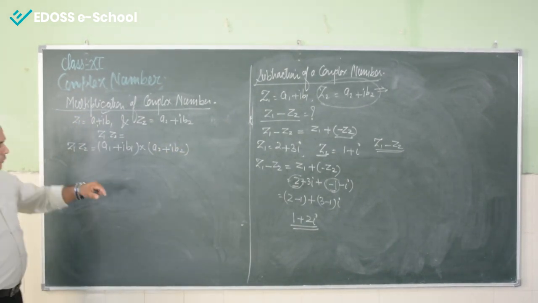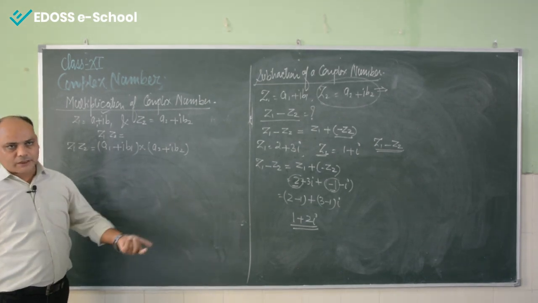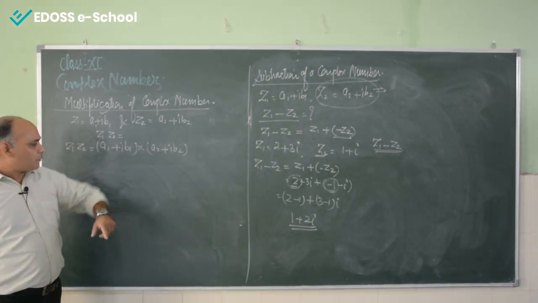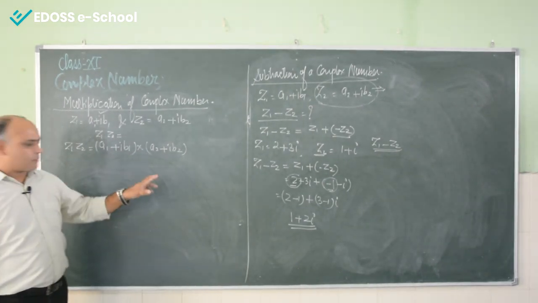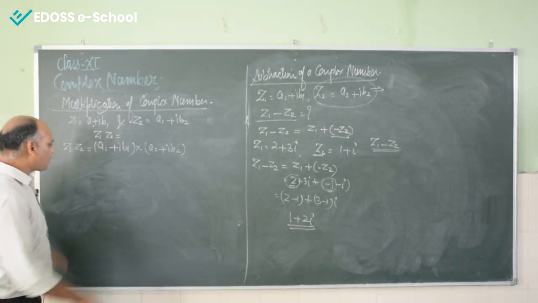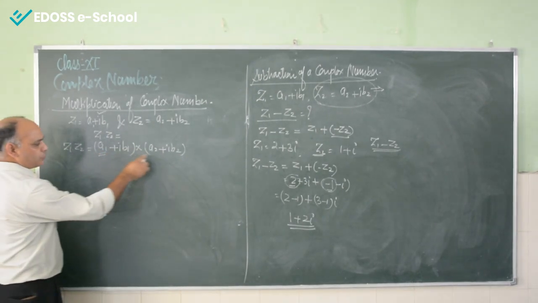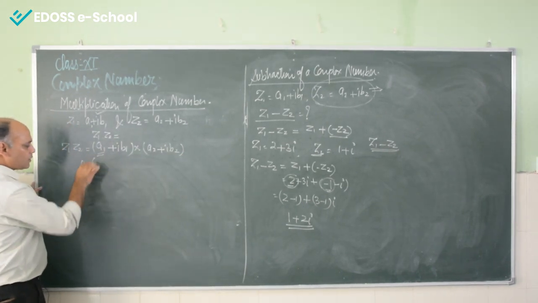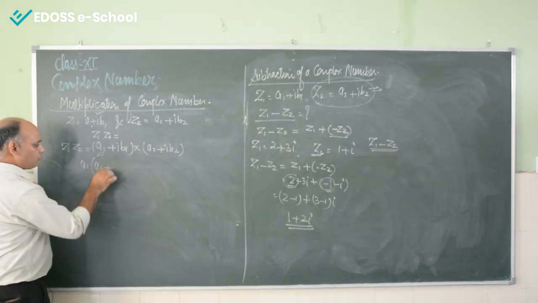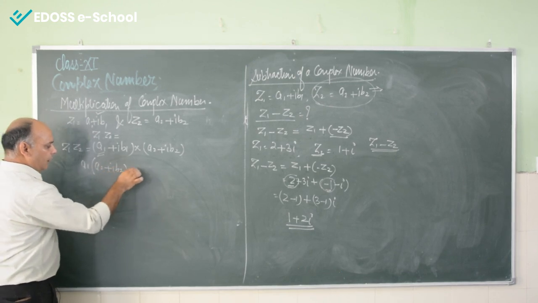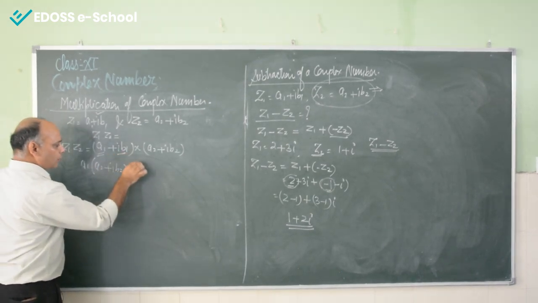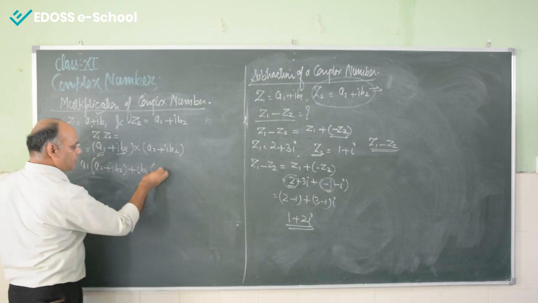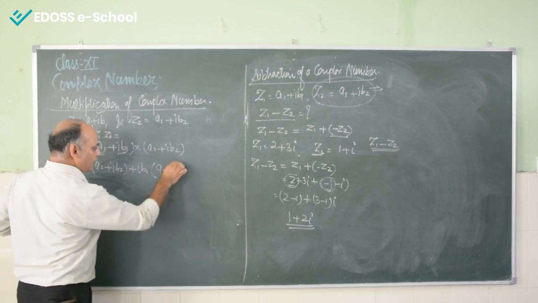When you are solving an algebraic expression, in the similar manner you have to solve the multiplication of two complex numbers, means this A1 will be distributed to A2 plus iota B2, means you have to write here A1 multiplied by A2 plus iota B2, and plus iota B1 multiplied with A2 plus iota B2.